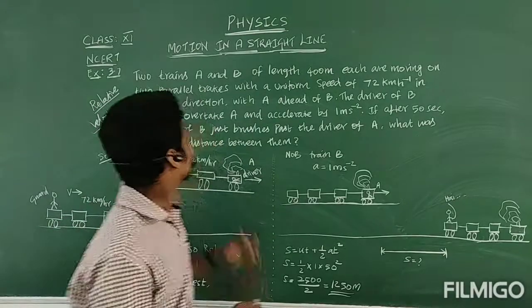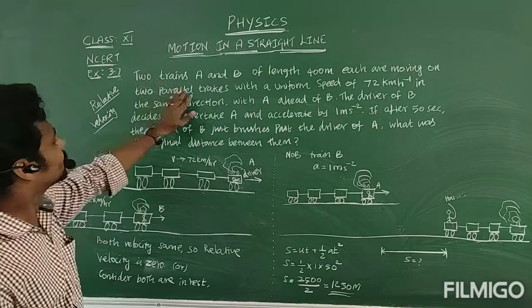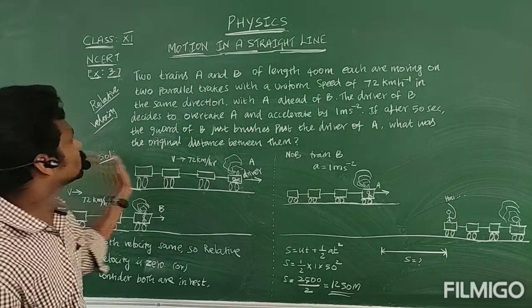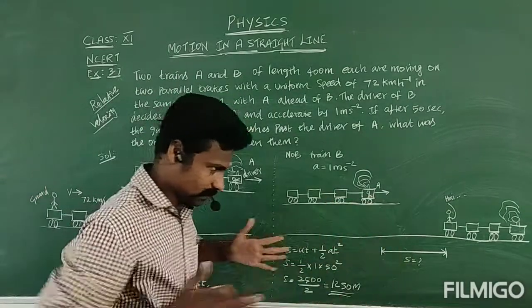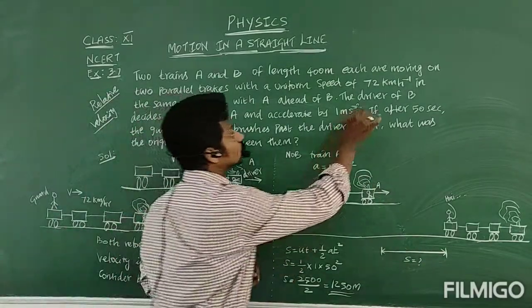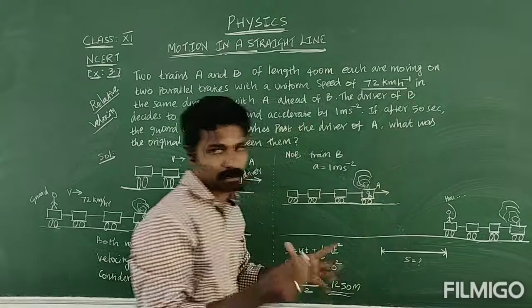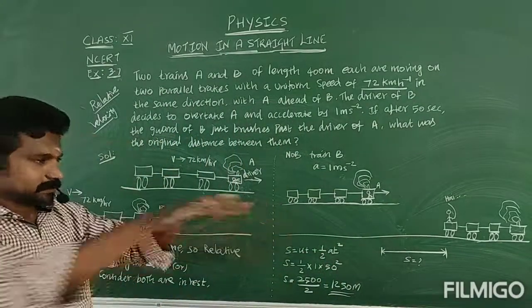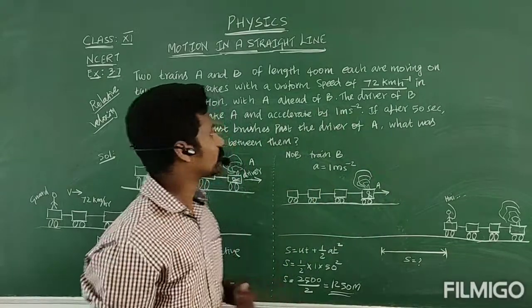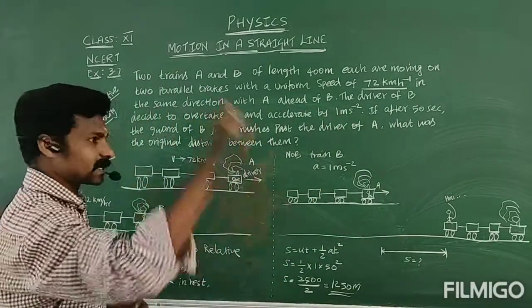Two trains A and B of length 400 meter each are moving on two parallel tracks with the uniform speed of 72 km per hour, in the same direction.